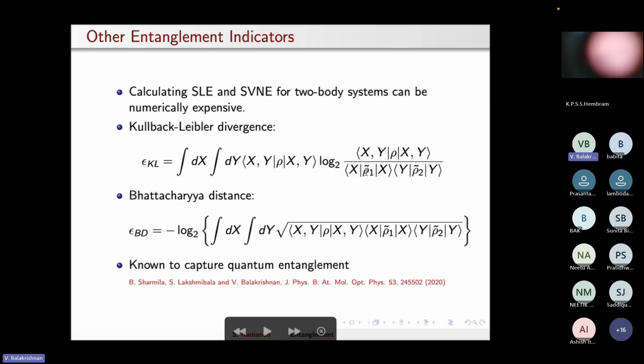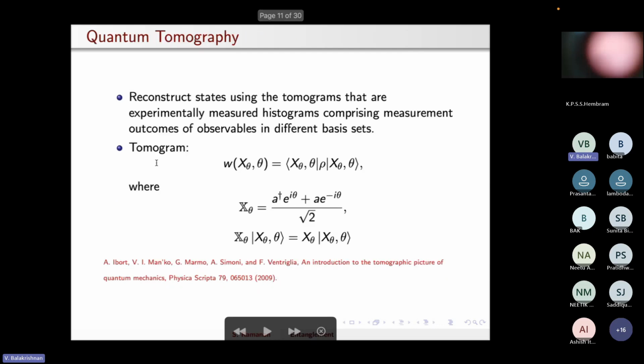The rho tildes in the denominator are the reduced density matrices, where you have integrated over one of the oscillators, 1 or 2. Then you have here the definitions of the Kullback-Leibler and the Bhattacharya distances. It has already been shown in the previous literature that these distances capture quantum entanglement, and they have been used in the context of optical tomograms.